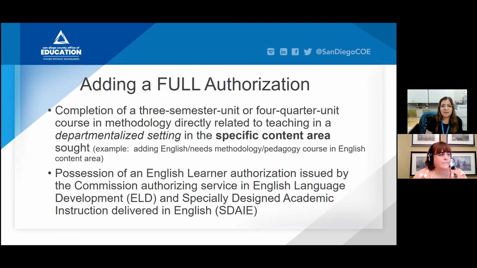And the other thing that you need to meet in order to add the full authorization is that you have to already have your English learner authorization. So that has to be either the CLAD certificate or the English learner authorization already embedded in your program, in your document.